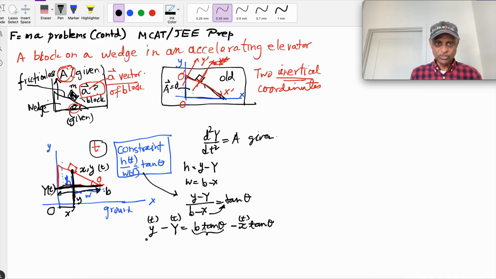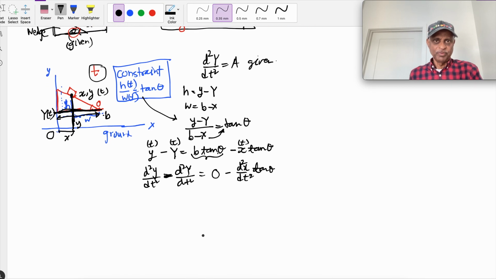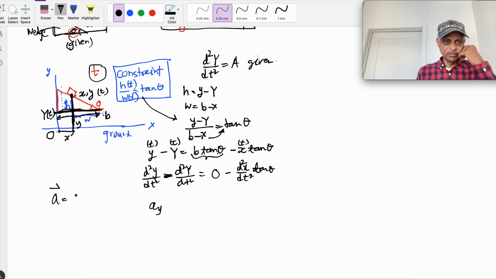So if I take two time derivatives, so this will mean d square y dt square minus d square y dt square. This will be 0, minus d square x dt square tangent theta. So what this is telling me is, in this problem, a vector is ax, ay.